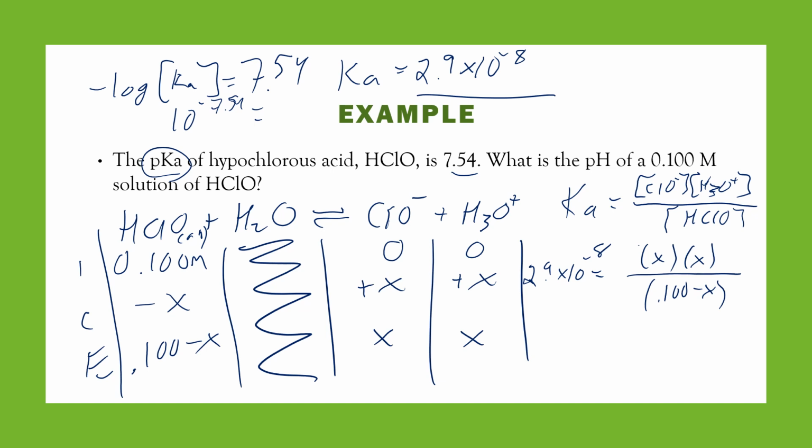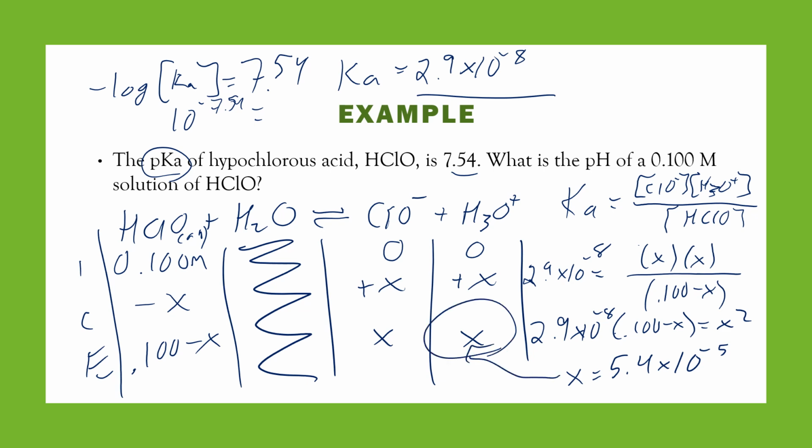So now you can solve for X. I suggest using a graphing calculator so you can make this a lot quicker. 2.9 times 10 to the negative 8 times 0.100 minus X equals X squared, and you'll get that X is equal to 5.4 times 10 to the negative 5. Now, X is equal to your hydronium ion concentration, and that's useful because it's asking about the pH.